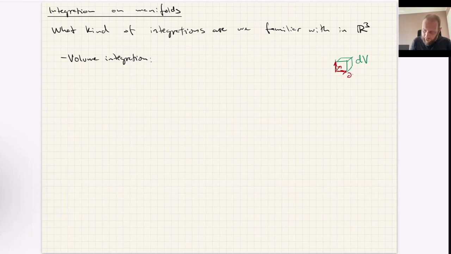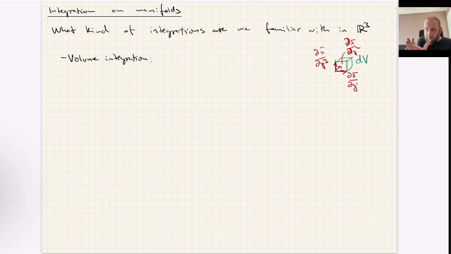If we call the coordinates y1 to y3, these are the partial derivatives ∂x/∂y1, ∂x/∂y2, and ∂x/∂y3.